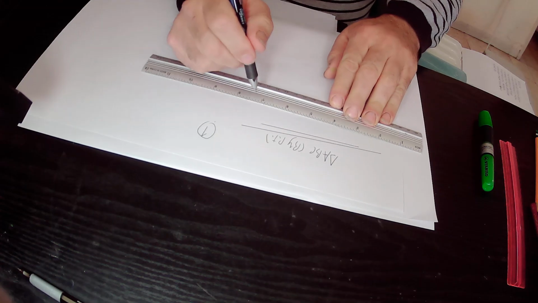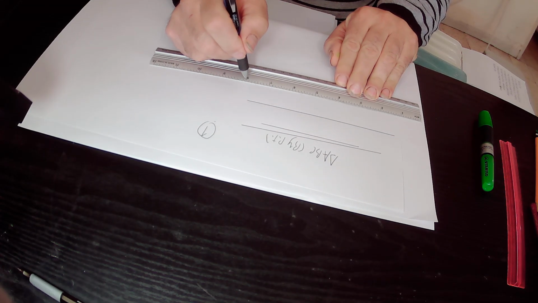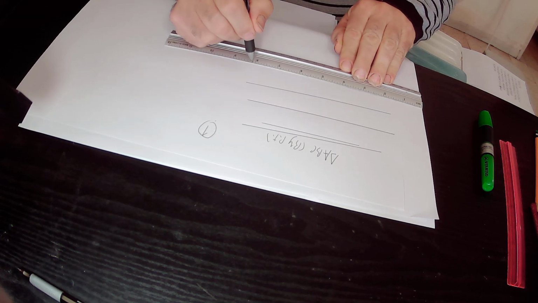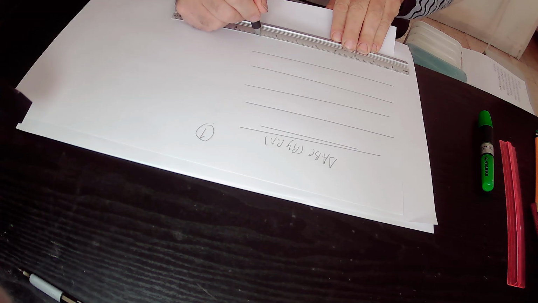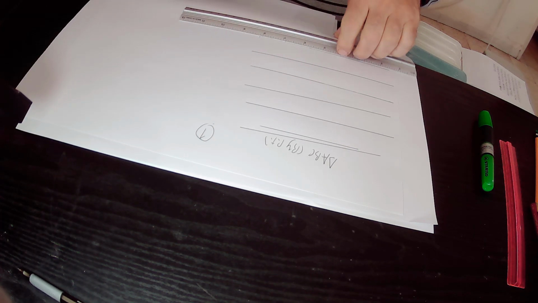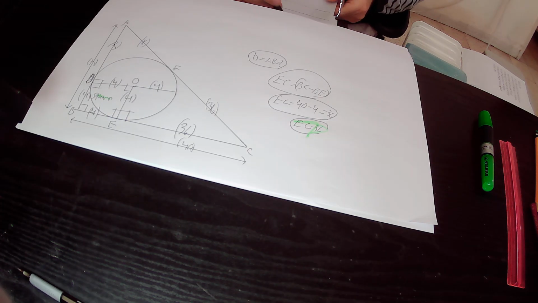So in the right triangle ABC, according to the Pythagorean theorem, the following equation is true. AC squared, that is the square of the hypotenuse, equals AB squared plus BC squared.